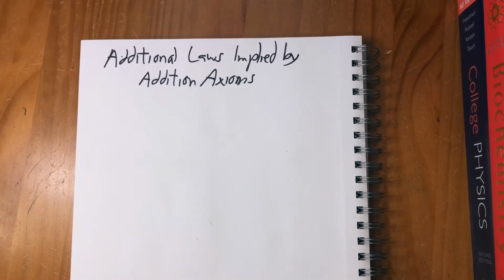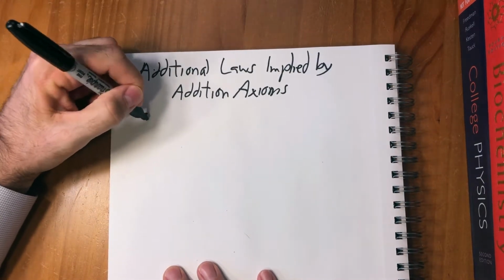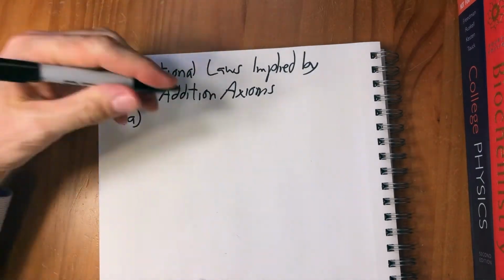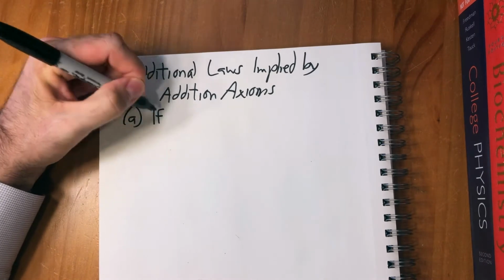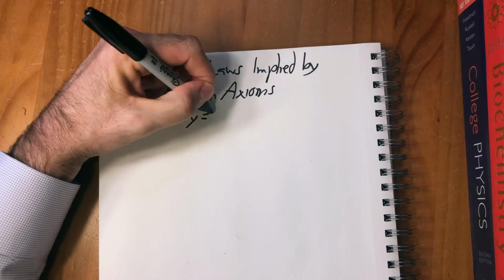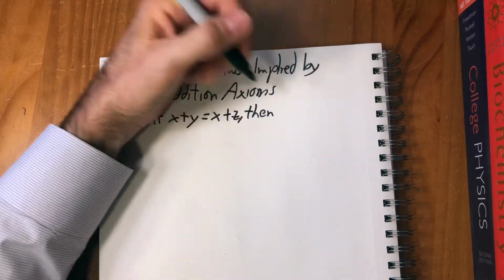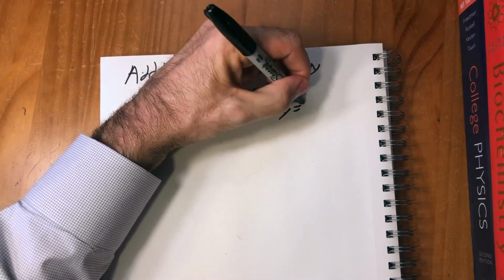So the axioms for addition imply the following, which we'll prove in a second. A: if x plus y equals x plus z, then y equals z.